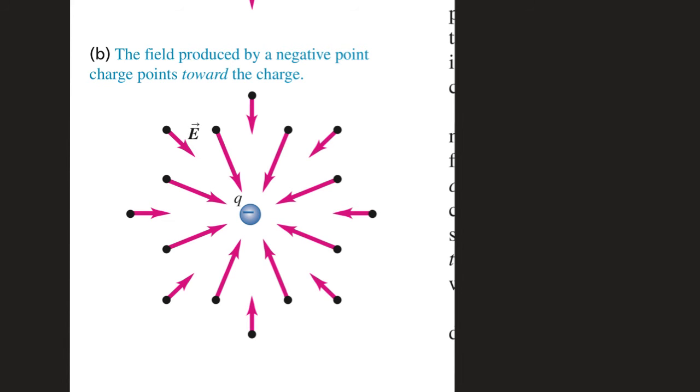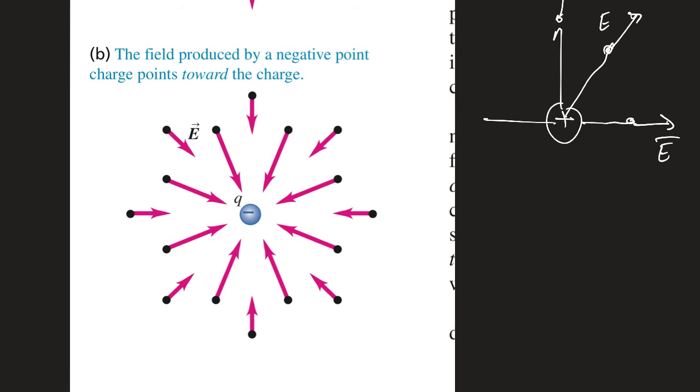So a positive charge produces an electrical field radial, always radial, going radially out. This is the electrical field at this point, at this point, at this point, at this point, like this.